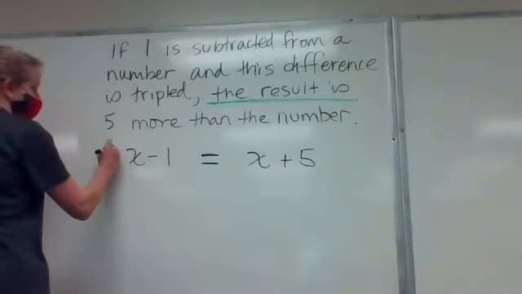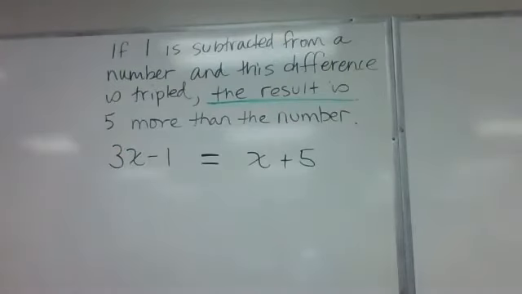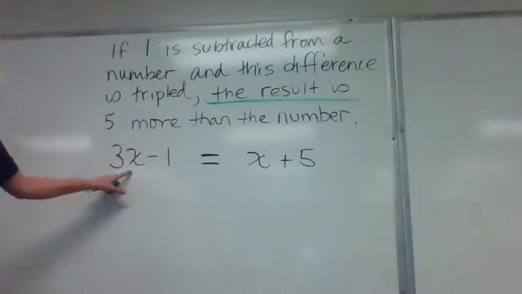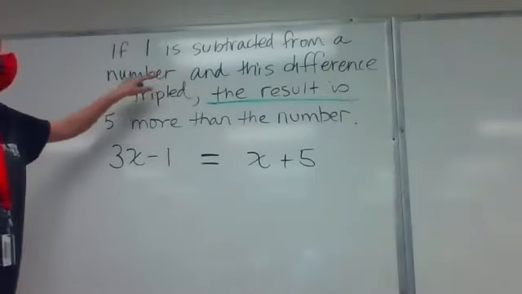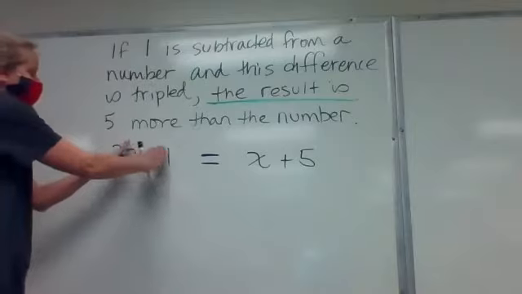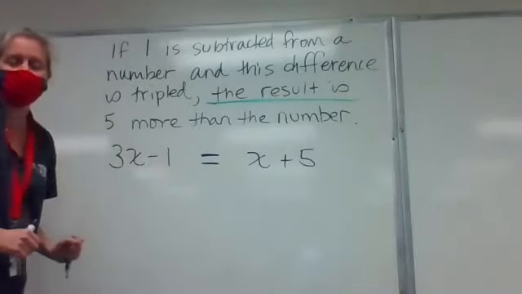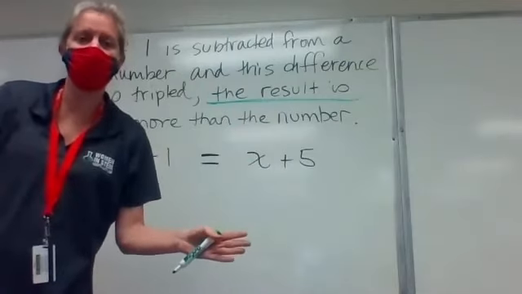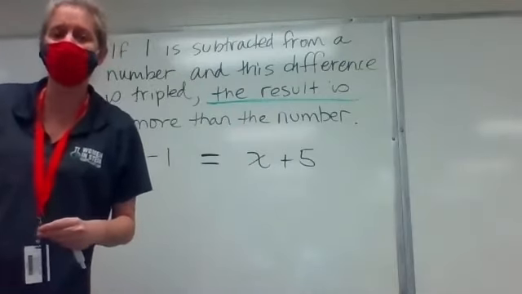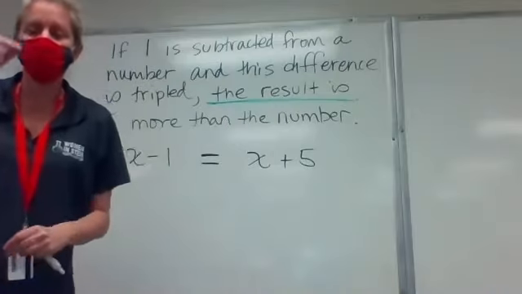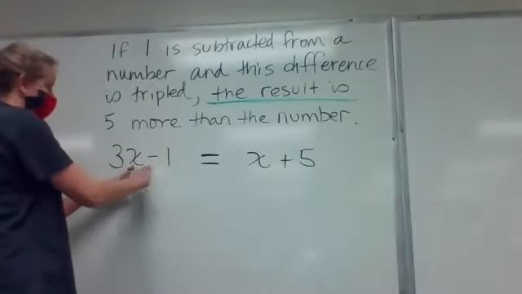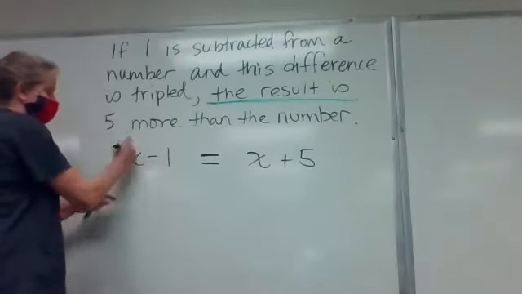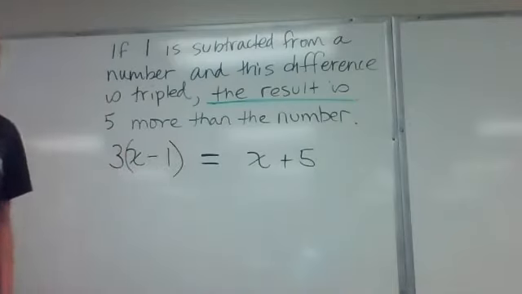Now, if I just put the 3 right there, that just says 3 times a number. This says you want to triple this whole difference, not just the x, but the x minus 1, right? You're tripling the whole thing. You're not just tripling the number. You're tripling the difference of x and the number, which means you need parentheses around that.